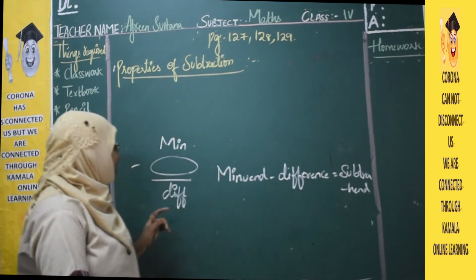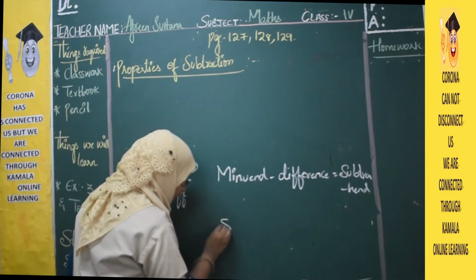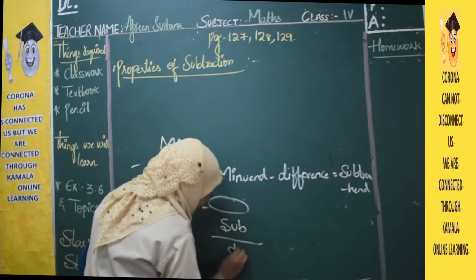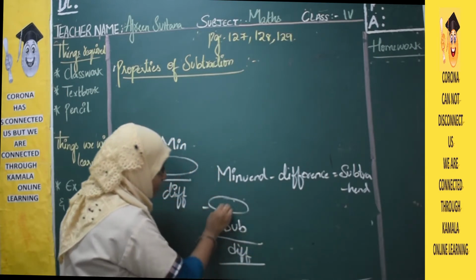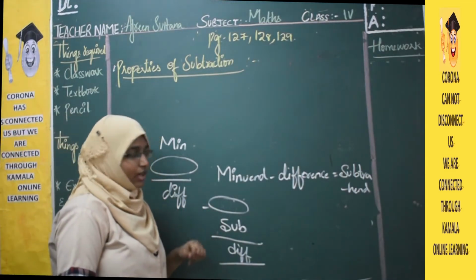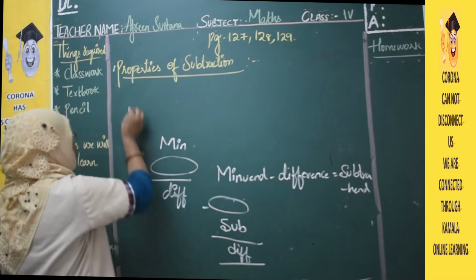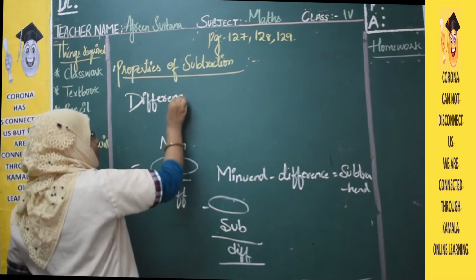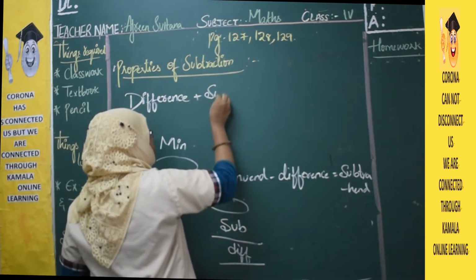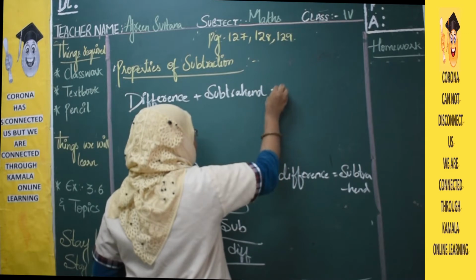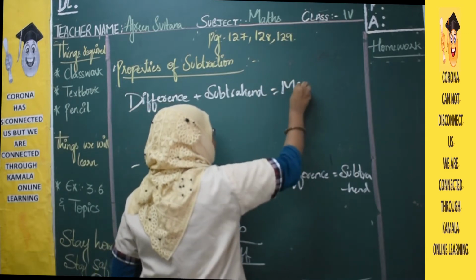In the same way, if I give you the subtrahend and the difference and ask you to find the minuend, how do you find it? Simply add the difference and the subtrahend: difference plus subtrahend, and you will get the minuend.